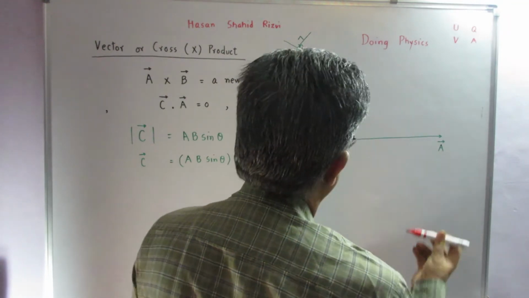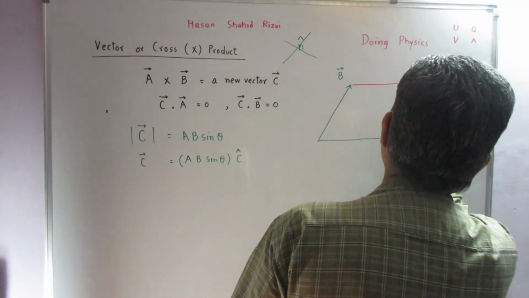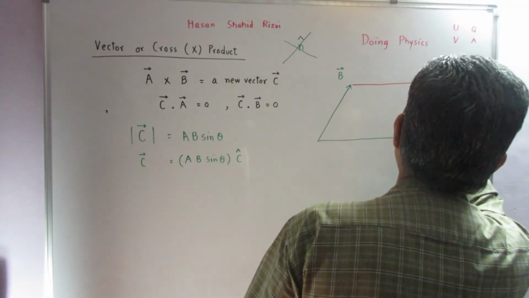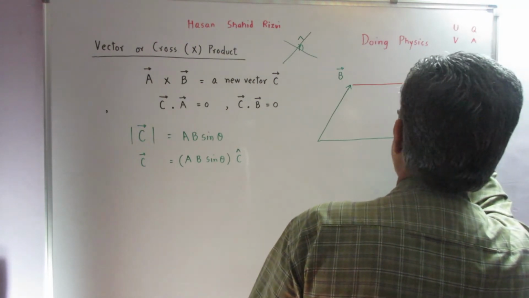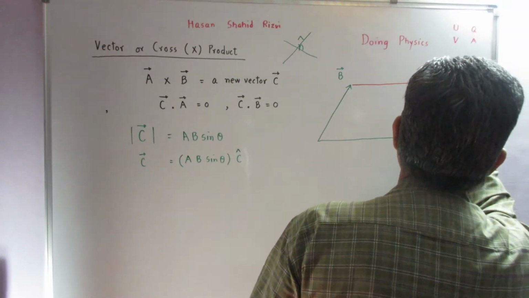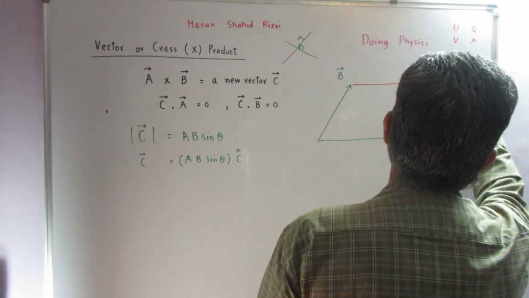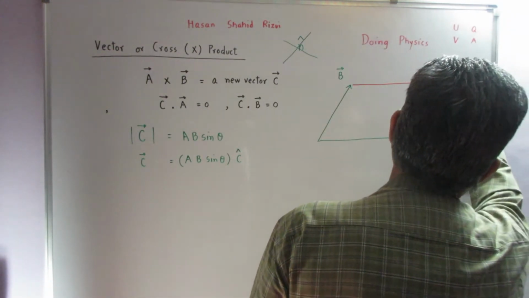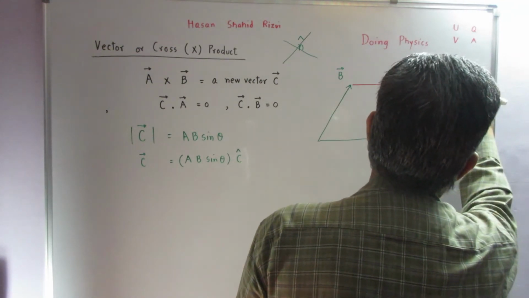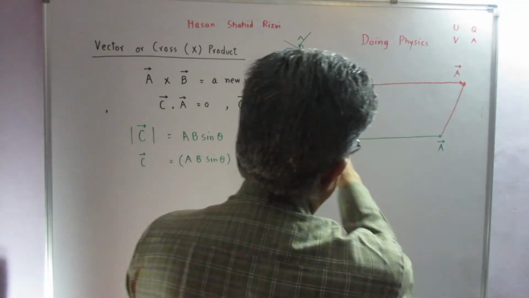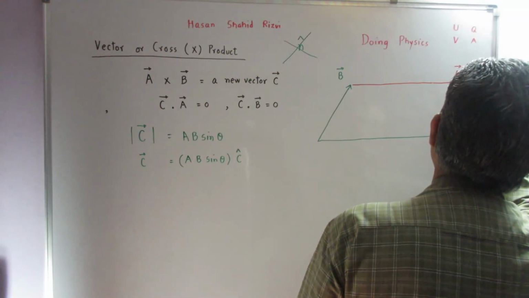I have vector A, which I translate from one starting point to another starting point, and this is again vector A. Similarly, if I translate vector B from here to here, then I have a vector B here.